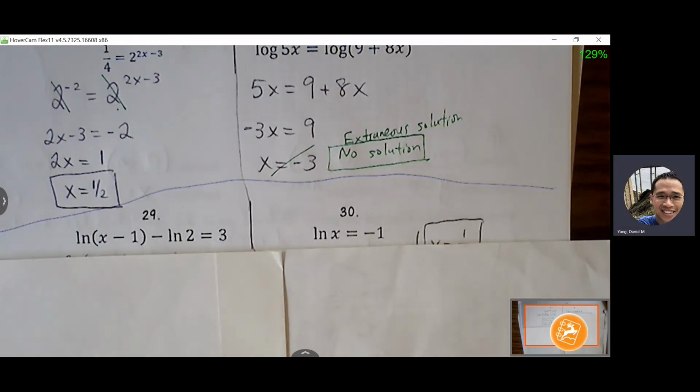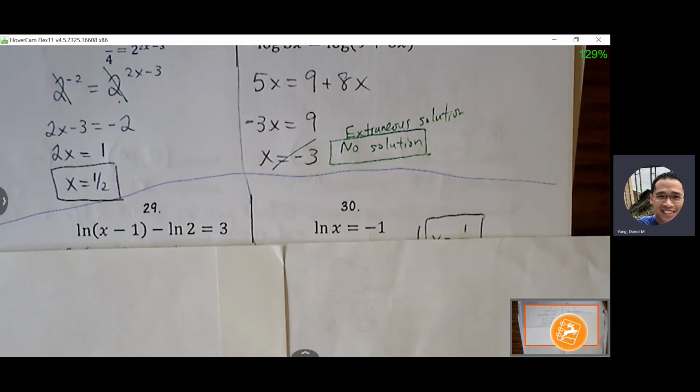Okay, 29, quotient property. No coefficients to worry about. Just jump directly into quotient property.